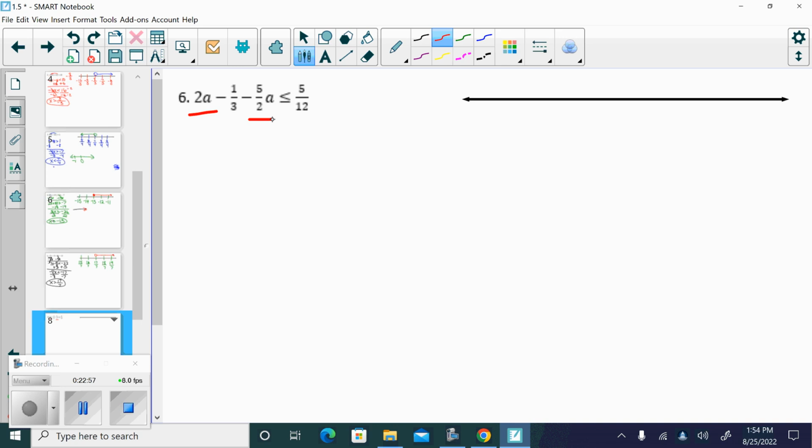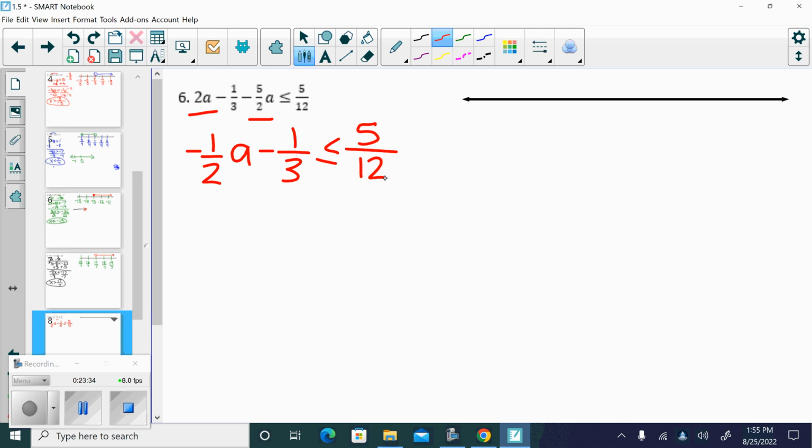If you do not get that, I need to know. Did we all get negative 1/2? I hope so. All right, so we get negative 1/2 A minus 1/3 is less than or equal to 5/12.